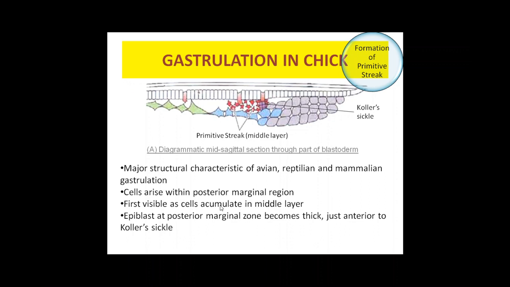Primitive streak cells arise within the posterior marginal zone, shown in the figure in red color. They are first visible as cells accumulate in the middle layer between epiblast and hypoblast. The epiblast at the posterior marginal zone becomes thick just anterior to the collar sickle, shown here in purple color.